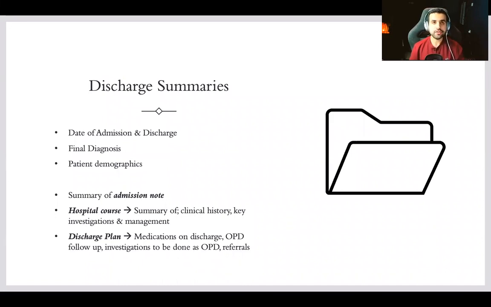If this patient requires a follow-up with the medical team, or the surgical team, or the neuro team, sorry, the nephro team in this case, you just mention that you would like that to be done.